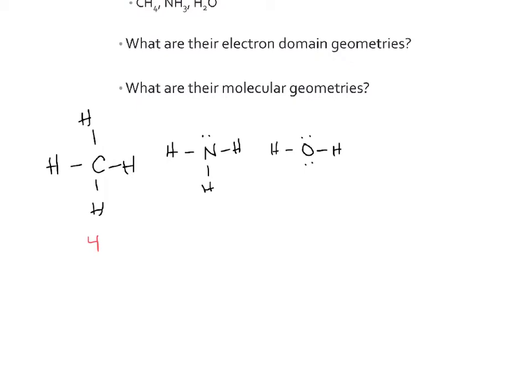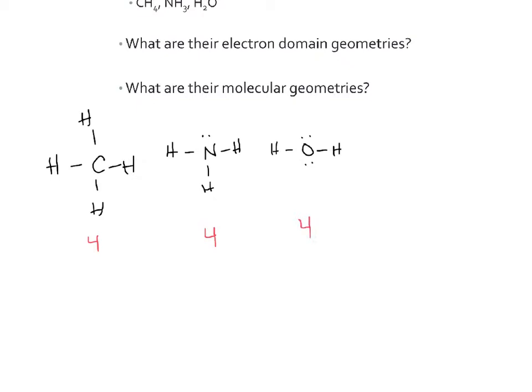All right, let's take a look at ammonia. How many electron domains are there in NH3? There's 1, 2, 3, and then 4. Because remember, an electron domain is just a pair of electrons, regardless of whether they're bonded or whether they're lone pairs. So ammonia also has 4 electron domains. And then finally, let's take a look at water. Water has 1, 2, 3, and 4. So that's also going to be 4 electron domains.